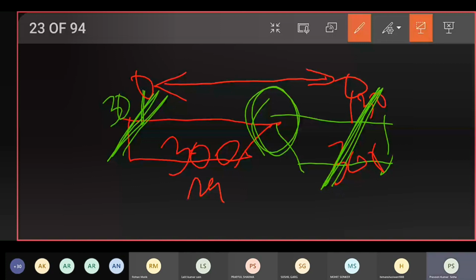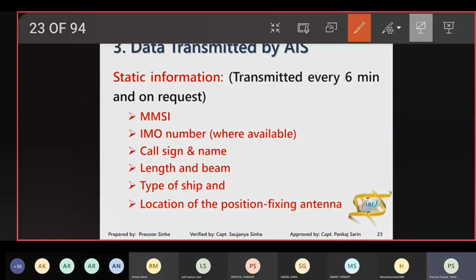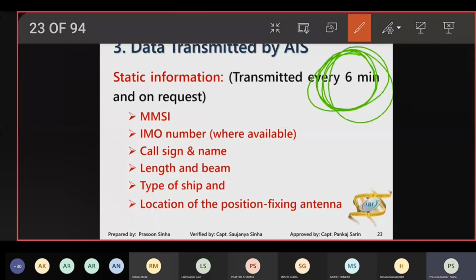So this is important information. Where is the antenna located for the ship? That will give how much margin we should have forward, how much margin we should have aft, in order not to collide with other ships. And this data is transmitted every 6 minutes. It is a constant period, a fixed duration.